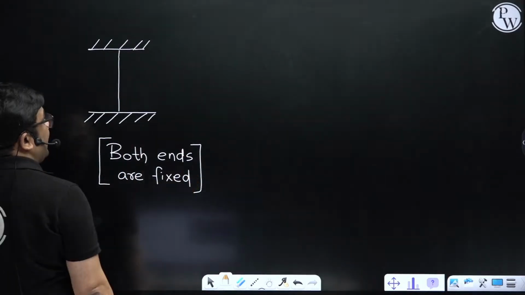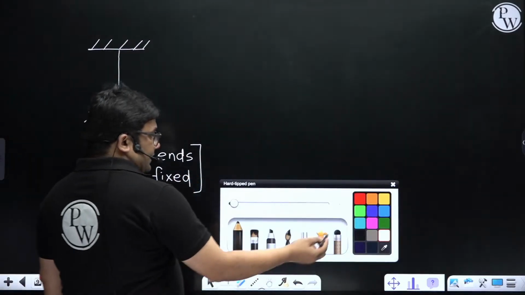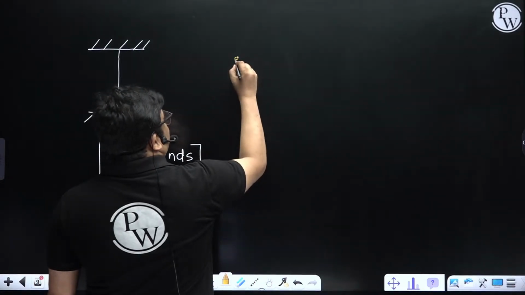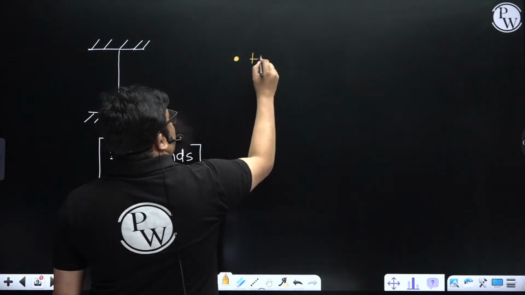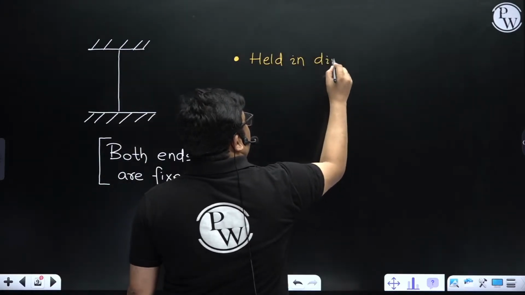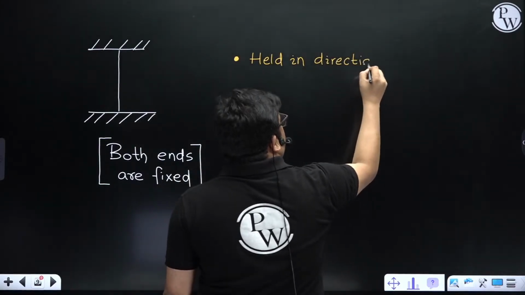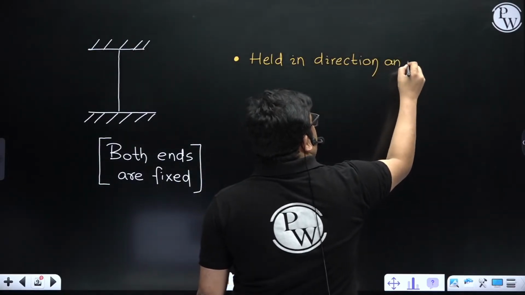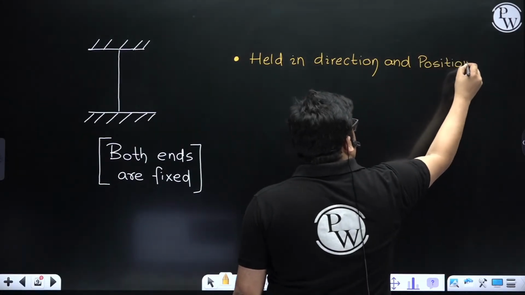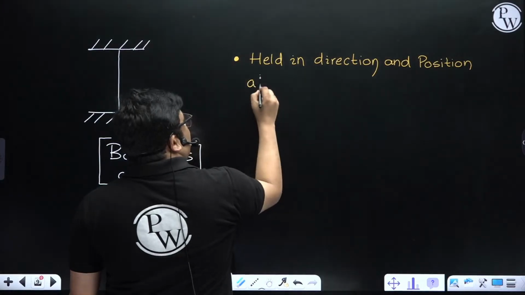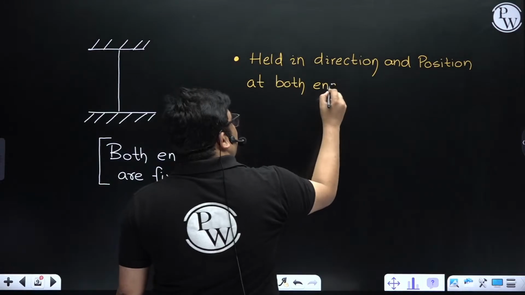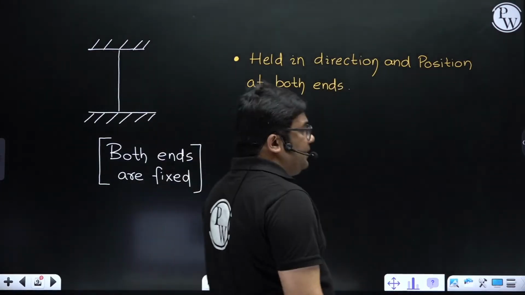They write in different language, in multiple ways. One option is held in direction and position at both ends. You can see that at both ends, what is happening?